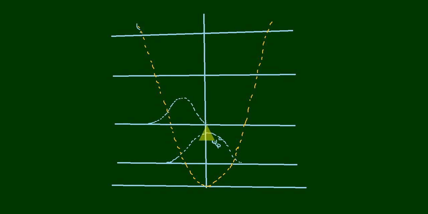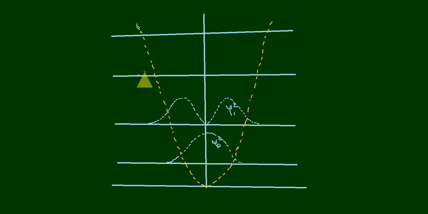And this is a node. Okay, this is psi 1 square, and if I am going for psi 2 square, the psi 2 square will be like this.